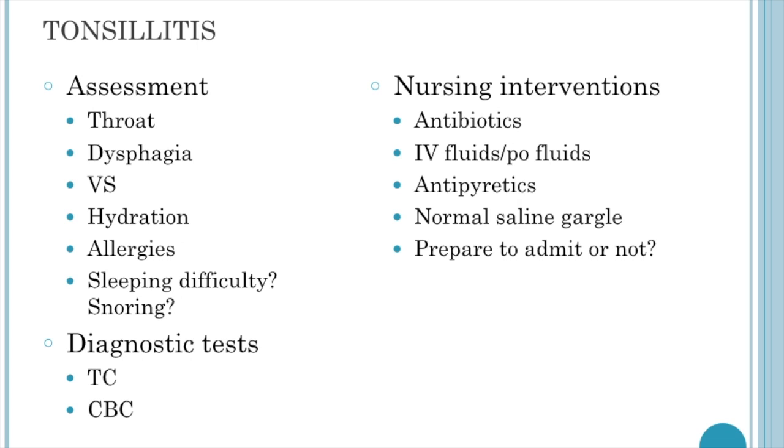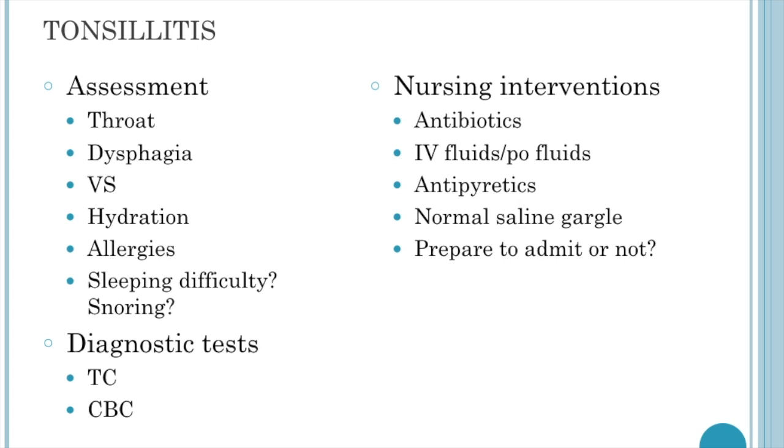Tonsillitis also has a sore throat, dysphagia. When you take their vital signs, you would anticipate that they're going to have a fever, and if they have a fever, they're going to have tachycardia. If their tonsils become so large that they can't get any air in, then they're also going to be tachypneic and their O2 sats are going to be decreased.